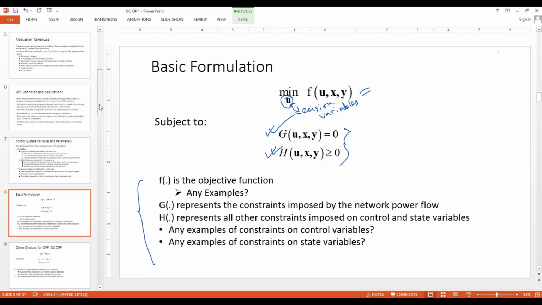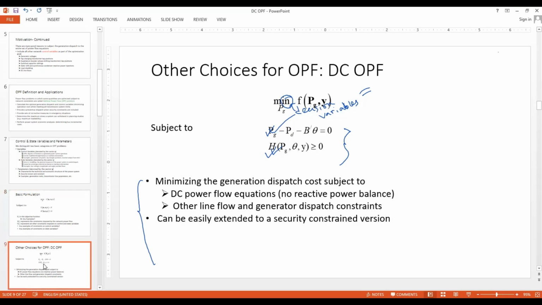And this is the basic ACOPF. And if we want to deviate from this ACOPF, we will come to the variant or a simpler version of the OPF problem that is known as the DCOPF. So in the DCOPF, you see the decision variable now changes. Instead of a U vector, in the DCOPF, you only have to think about the PG.